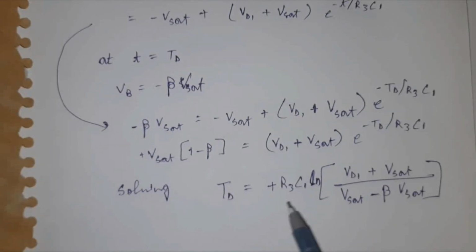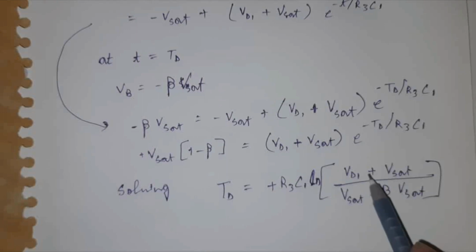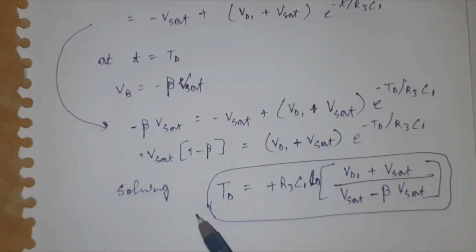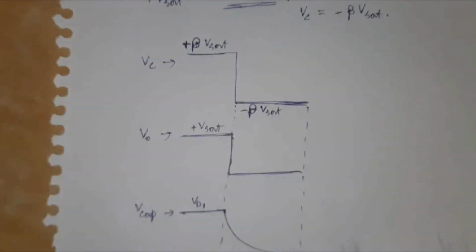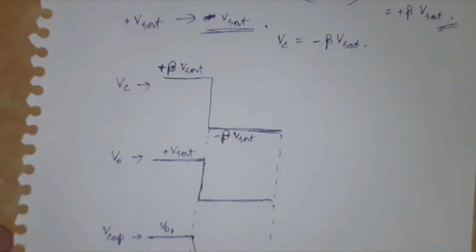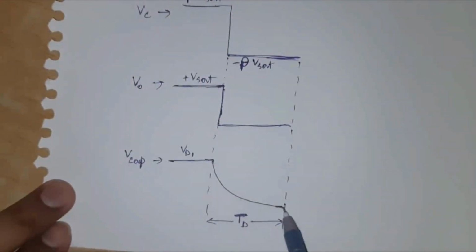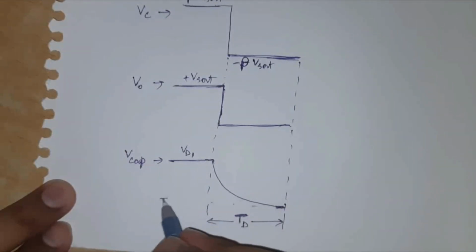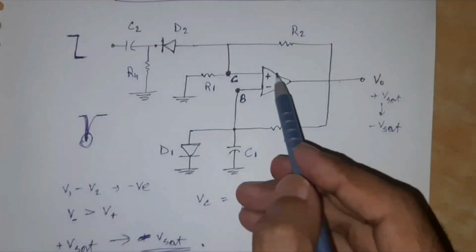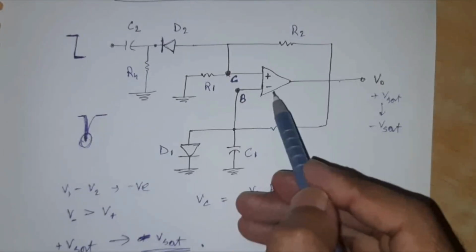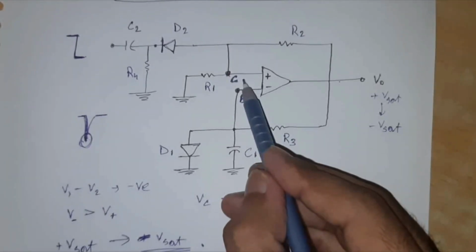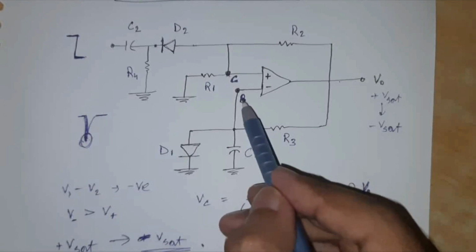Suppose you take the diode drop VD1 to be 0. Then this term will vanish, plus V sat cancels, and it will be 1 upon 1 minus beta. So this is the discharge time till which this capacitor will go towards the lowest value, minus beta V sat, because after that the non-inverting terminal goes to a higher potential than the inverting terminal, or point VC will be at a higher potential than point VB.